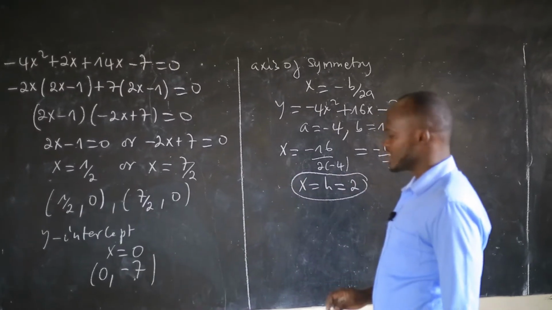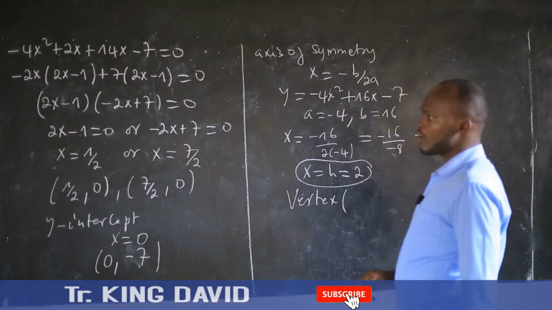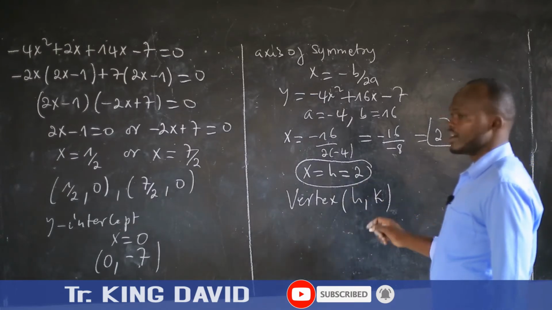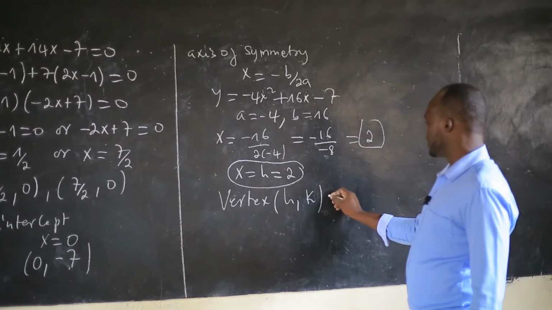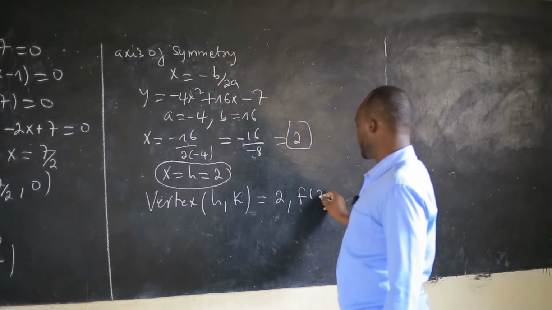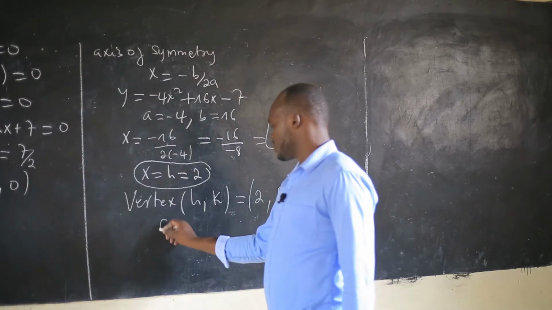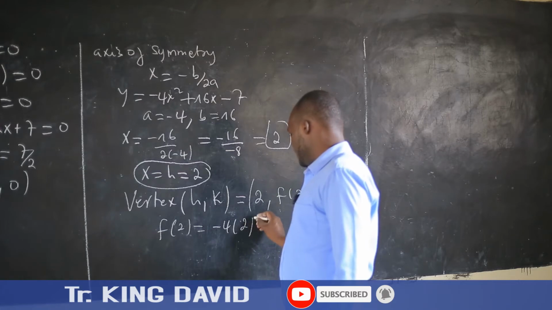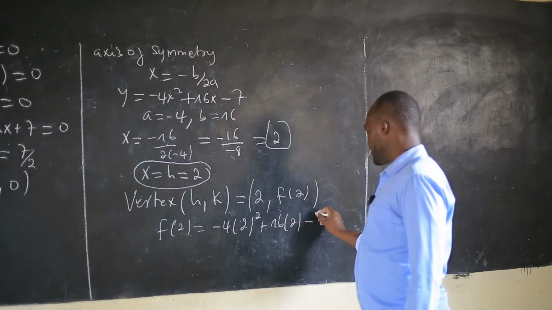So from there, what is the vertex? The vertex is h, k, which is now a maximum, because our a is negative. So this h, k means h is 2, then k is f of 2. So f of 2 will be equal to negative 4 into bracket 2 squared plus 16 into bracket 2 minus 7.